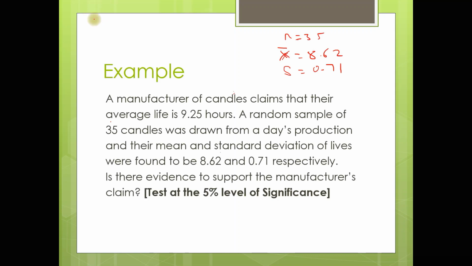So the first step is to define the term. What term? We are testing what? If you look at this question, we are not testing a proportion, we are not testing a standard deviation, but we are testing something that we don't know, which is 9.25.